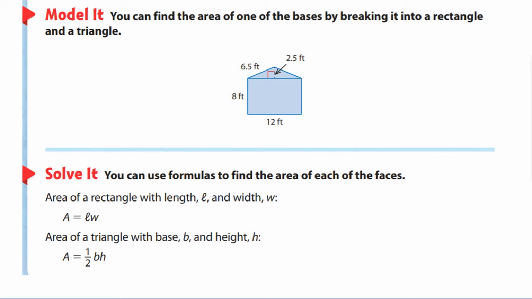Area of a rectangle with length L and width W, and then the area of the triangle with base B and height H, right? So you have the rectangle, sorry for the mess up here, and then you have the triangle.